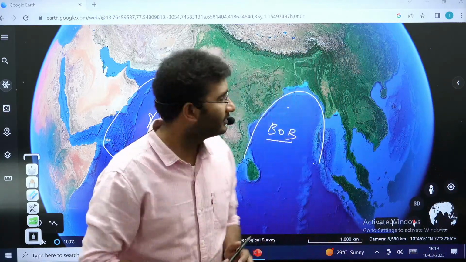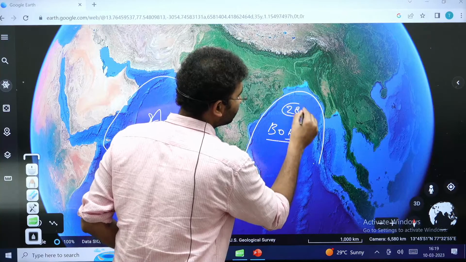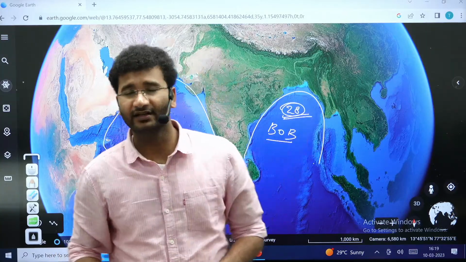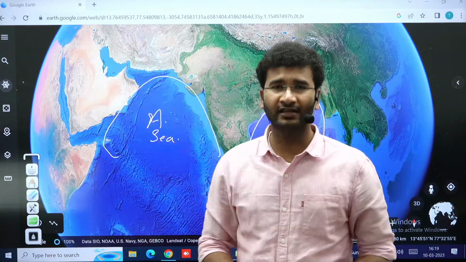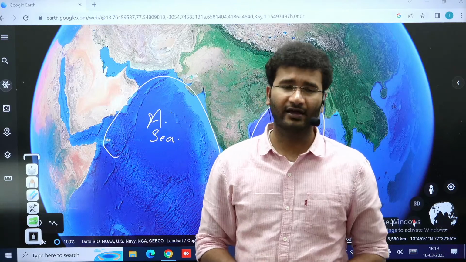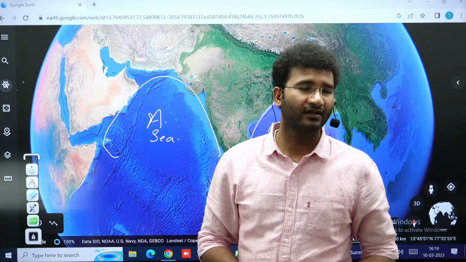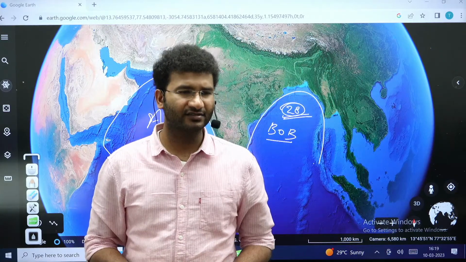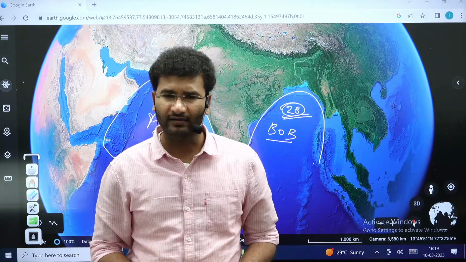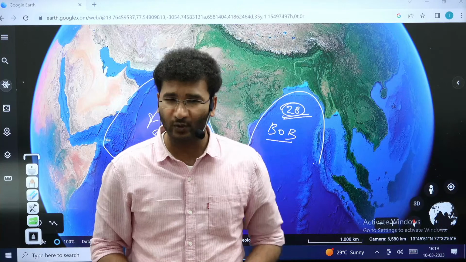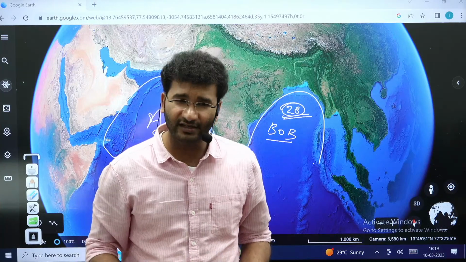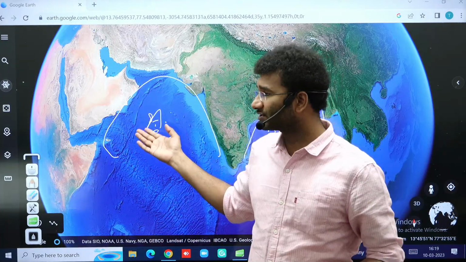See, the answer here is the average temperature of the Bay of Bengal is 28 degrees Celsius, but when it comes to the Arabian Sea, it is less, around 25 to 26 degrees Celsius. Now, various reasons are there. One, the Bay of Bengal has more fresh water. The fresh water can get heated easily. Arabian Sea has a little more saltier water.